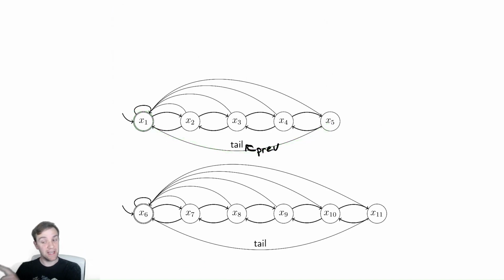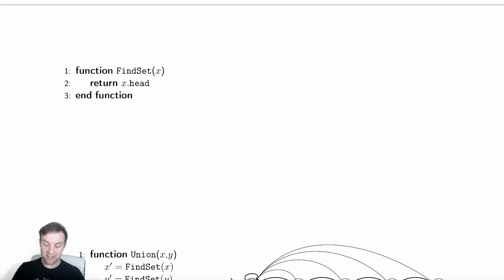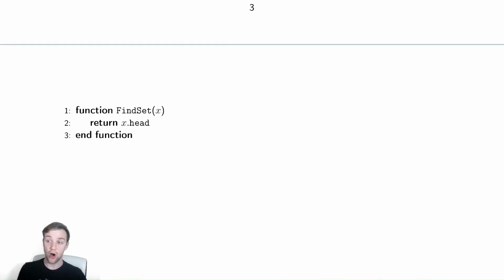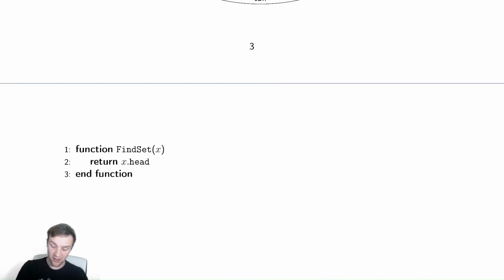Now, with this understanding, let's look at the code for how we implement our functions via these linked lists. Find set is very easy with that implementation. All I need to do is return x.head. This is easy to analyze. This has a constant runtime, because it's just returning whatever is at a certain pointer. Totally trivial to implement.